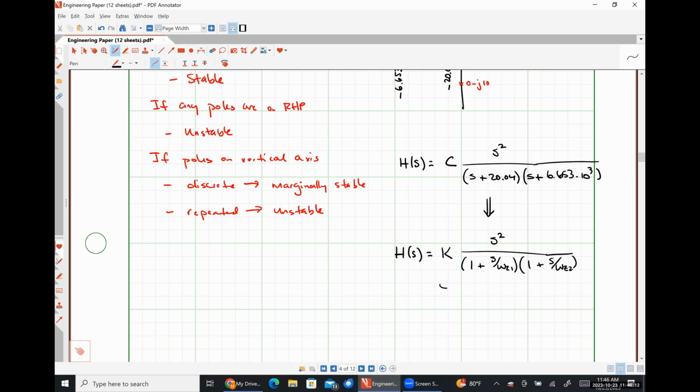This form is what's called our standard form. And our standard form is what's used to construct Bode plots.